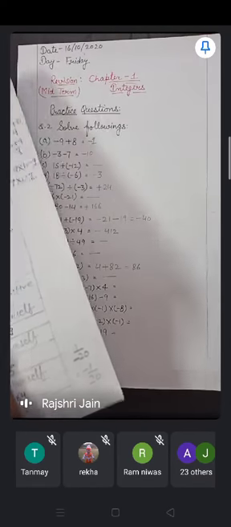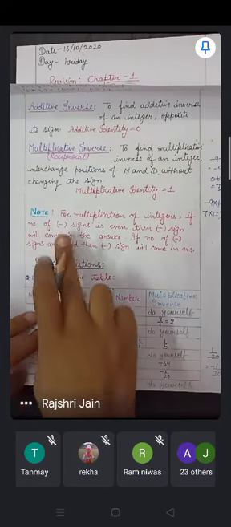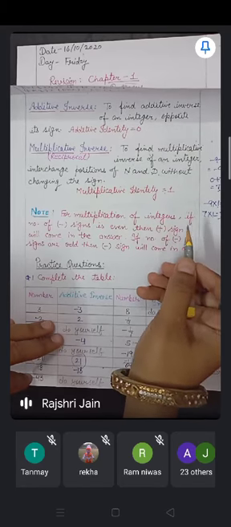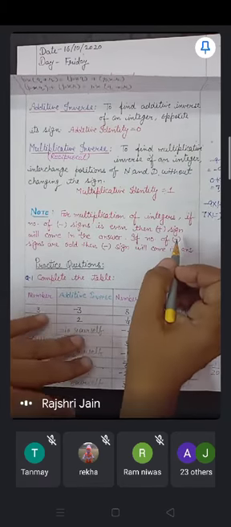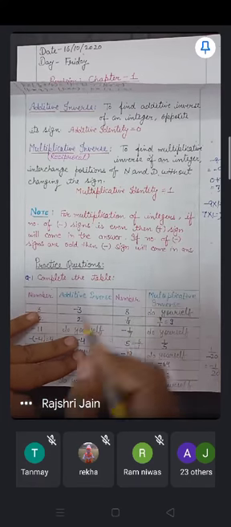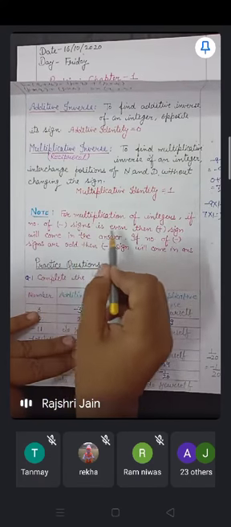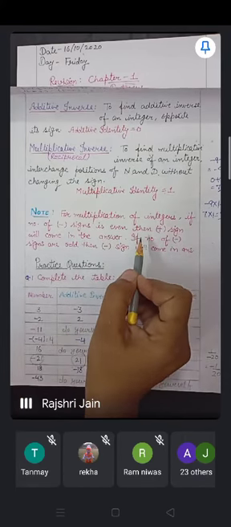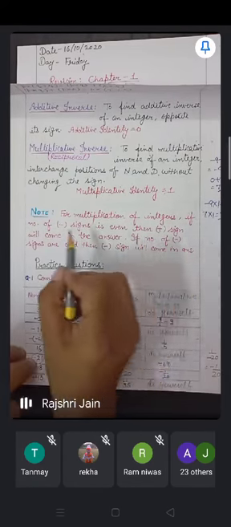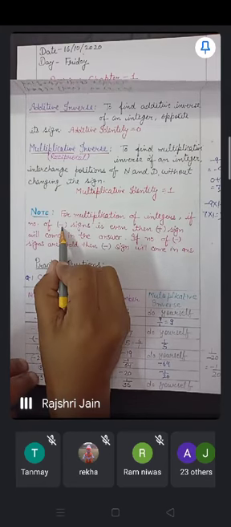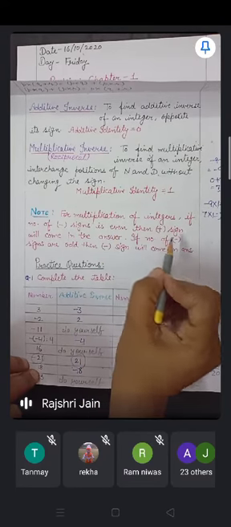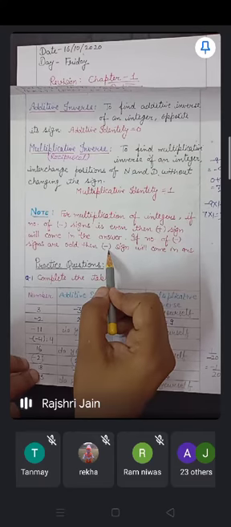So the note is, for multiplication of integers, if we multiply more than two integers, and it applies for two integers also, if the number of minus signs is even, the answer will have a plus sign, and if the number is odd, the answer will have a negative sign. We don't count whether the integer is even; we count how many negative signs are present in the multiplication.